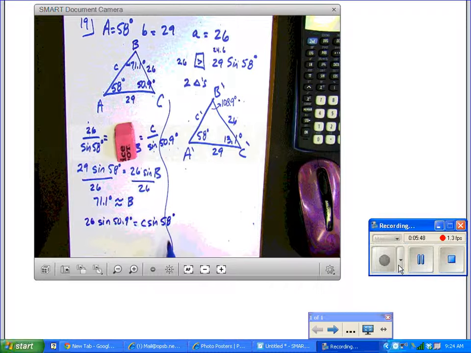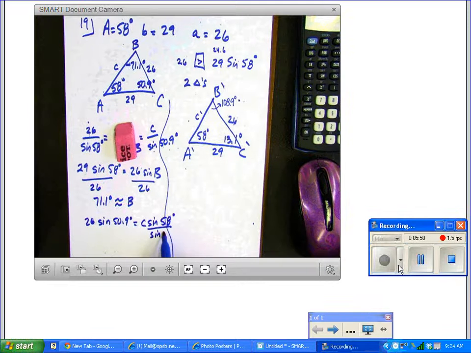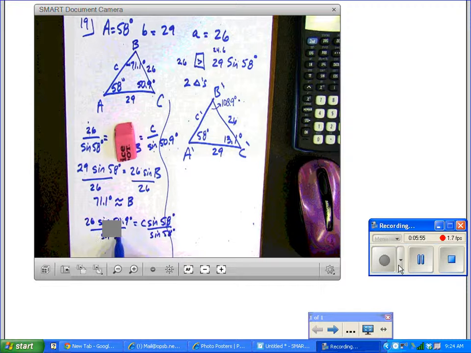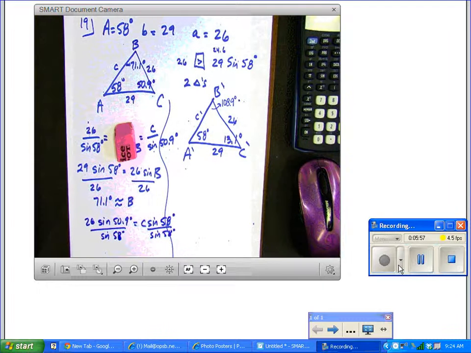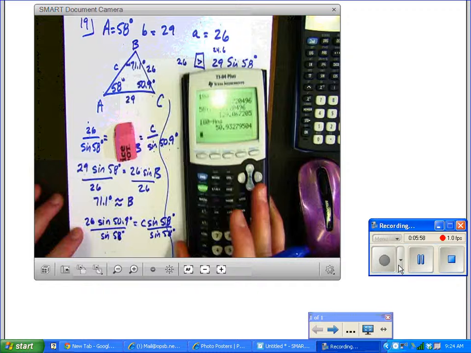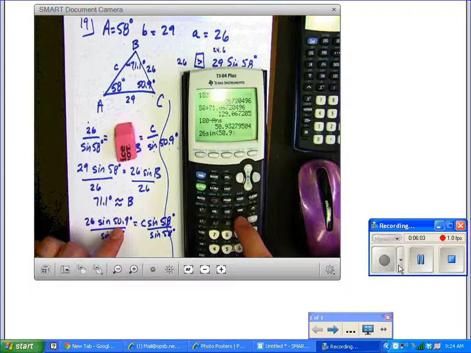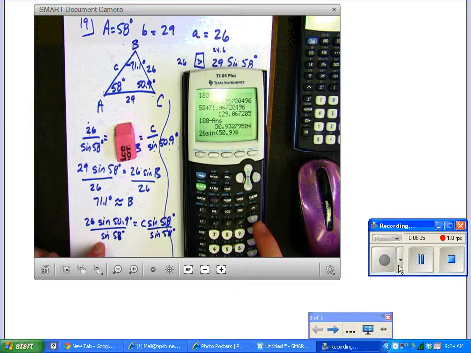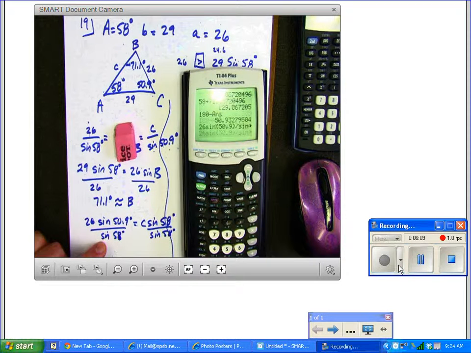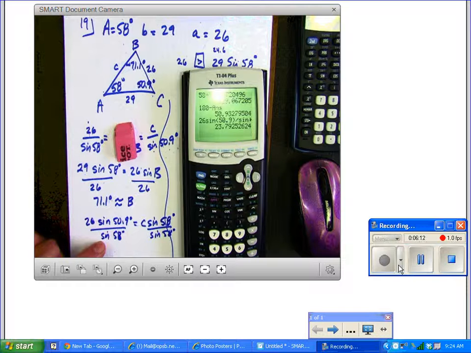Now we can divide by sine 58 on both sides. So 26 times sine 50.9 divided by sine 58. Notice I don't have to take an inverse sine because I'm finding the side. So it's 23.8.